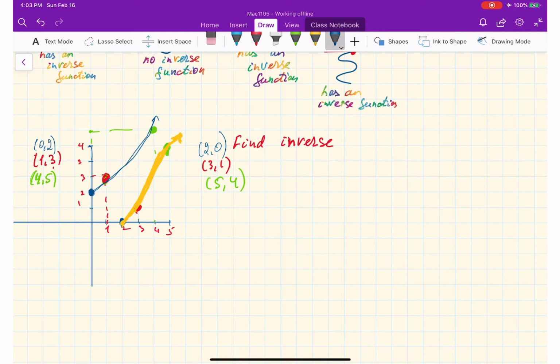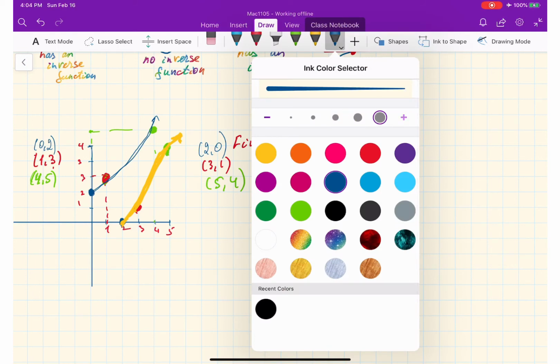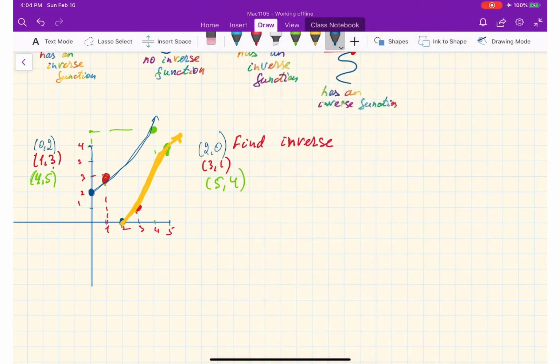So in this case, okay, and in this case, x, I'm coloring this point so you can see. So this blue point on the blue one is the inverse of the blue point on the yellow graph.